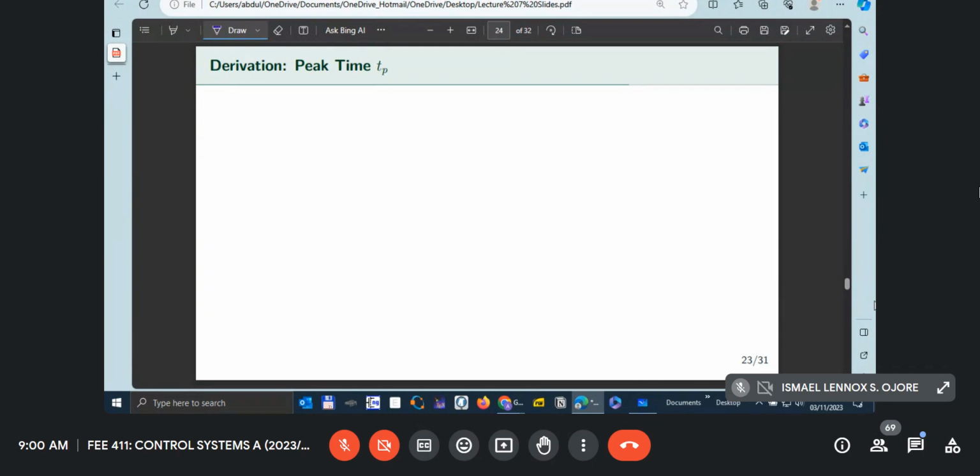So for peak time, from the definition, for us to get peak time, we need to differentiate to get the derivative of c(t), and then we set it to 0 to get the maximum, to get that peak. And then we set our t equal to t_p.